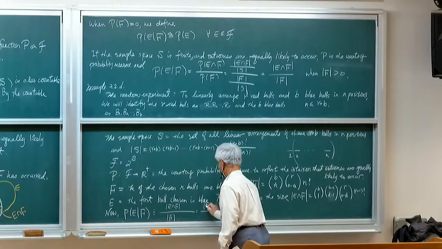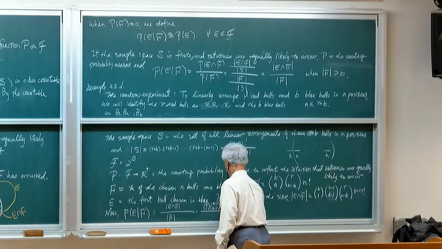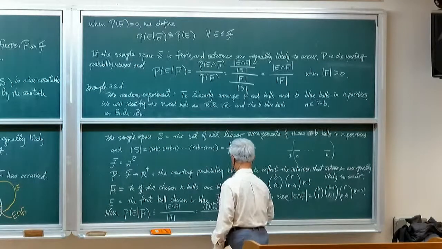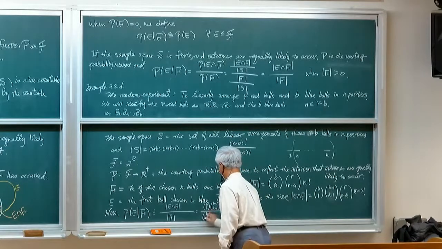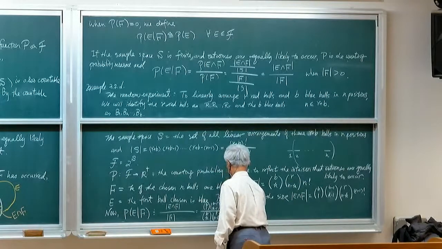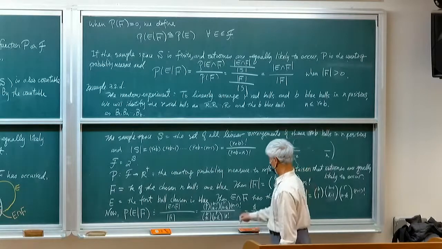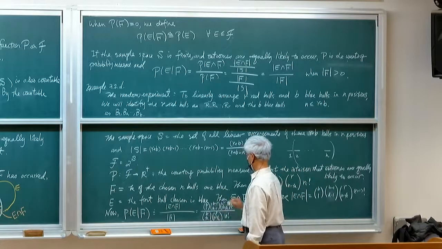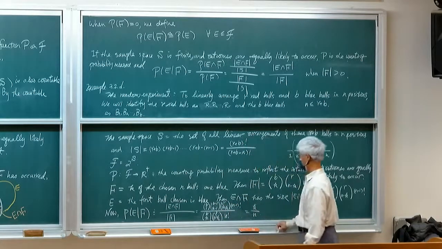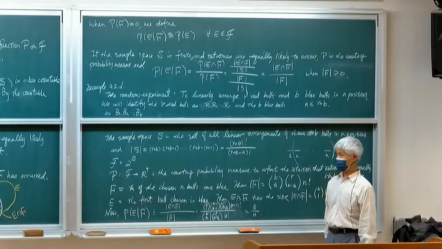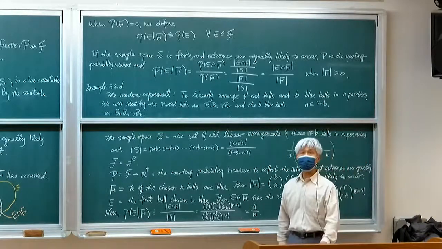So this is B. Okay. Yeah, that's why. Yeah, this is n here. Okay, so we can cancel and yeah. Okay, 1. Okay, sorry. Thank you. Questions?